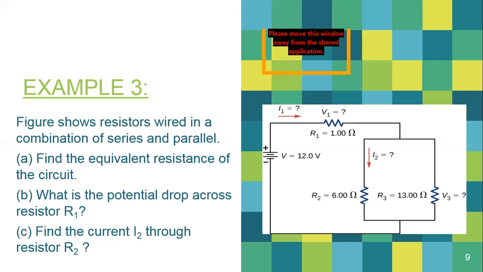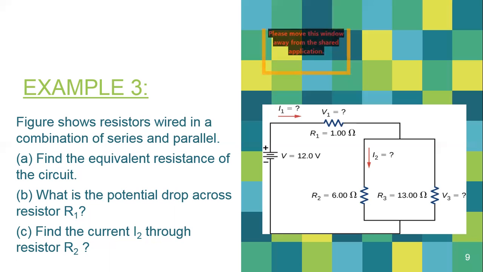That means first you have to find the total resistance of the whole circuit, and in the B part you have to find the voltage or potential drop across R1, and then you have to find the current through R2.